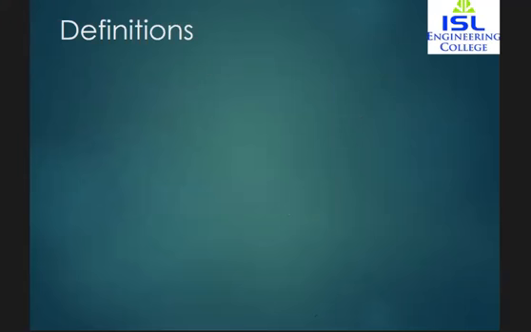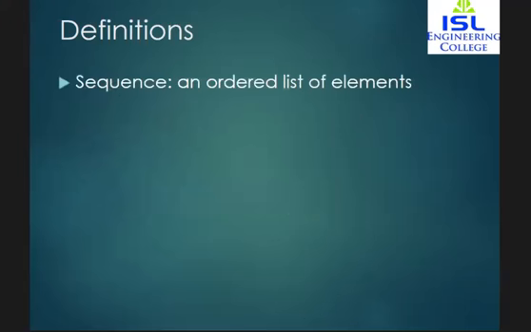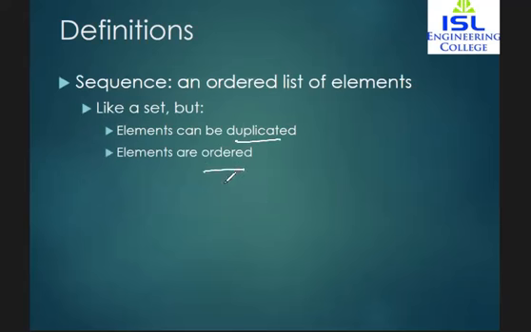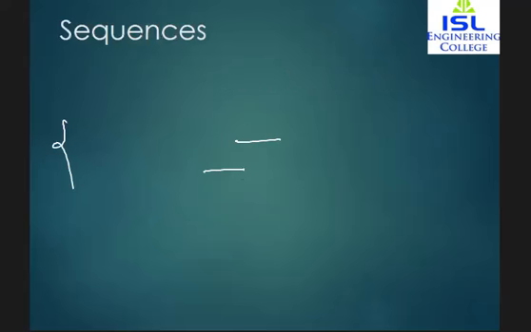So it is an ordered list of elements like a set, but we can have duplicate elements, and the elements are ordered. That is the difference between a sequence and a set. Now we have the formal definition.